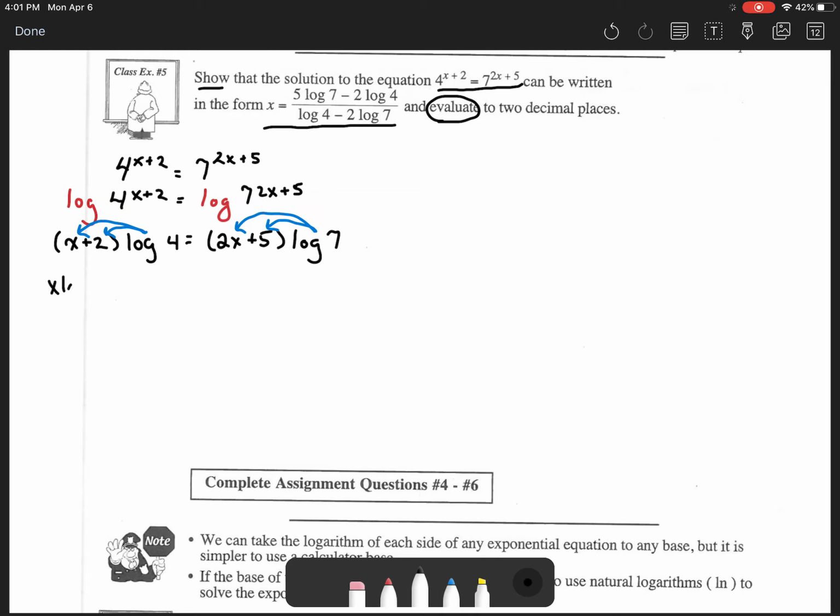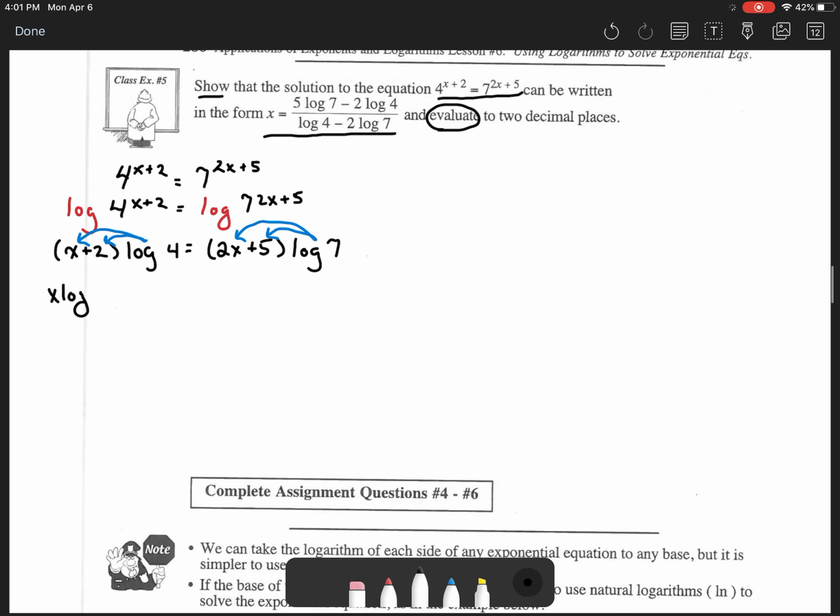So there's going to be a lot of work here, a lot of terms floating around. So this is going to be x log 4 plus 2 log 4, and on the other side, 2x log 7 plus 5 log 7.